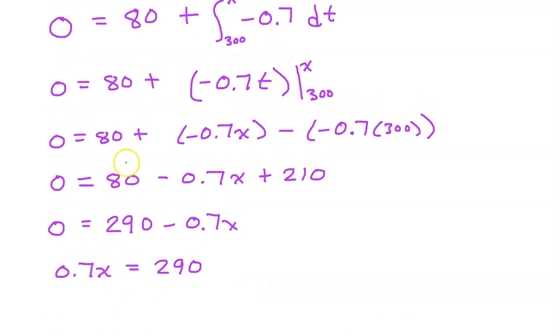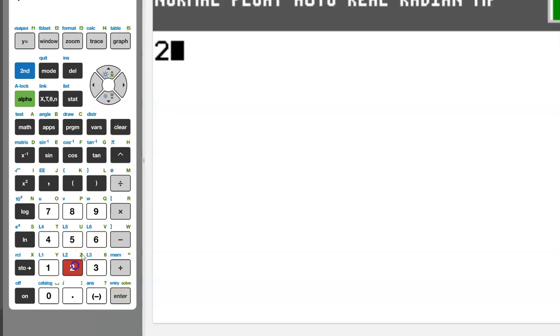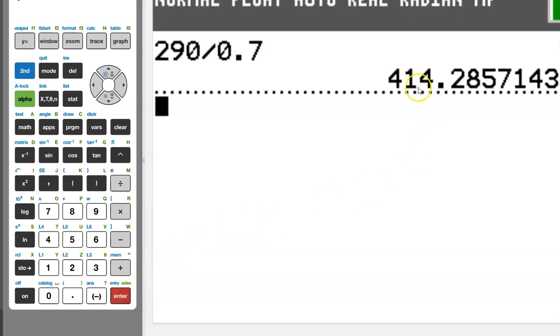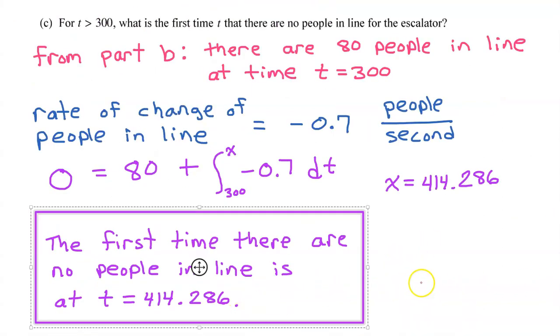Dividing both sides by 0.7, let's see, 290 divided by 0.7, we get 414.286, which is the same answer that we got the last time.